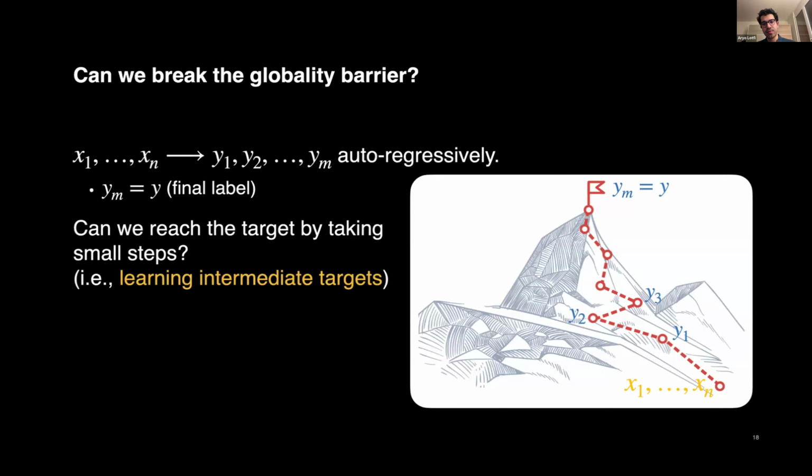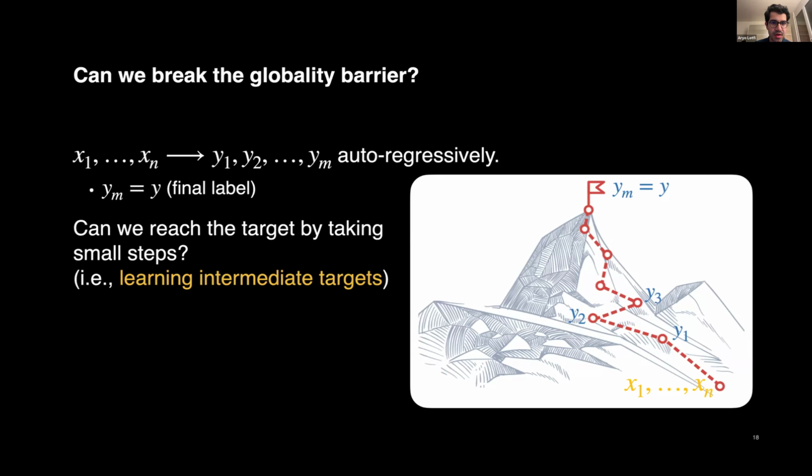Computing y from x1 to xn may require very global reasoning, and it would be a high globality function. But what we can do is define intermediate targets, such as y1 to ym minus 1 here, such that they guide us through the final answer. And each of these intermediate targets is easy based on the previous ones, basically taking just small steps.